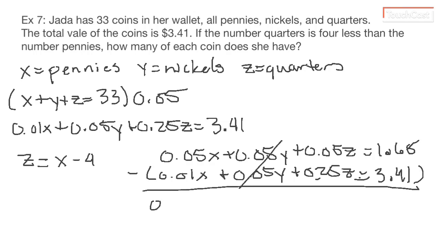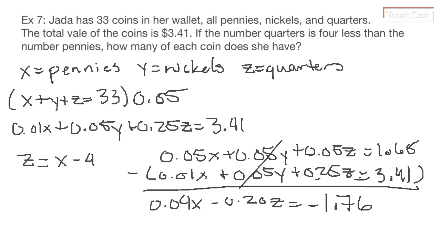I have 0.04x. When I subtract 0.25 from 0.05, I'm going to end up with a minus 0.20z equals, when I subtract 3.41 from 1.65, I get a negative 1.76.